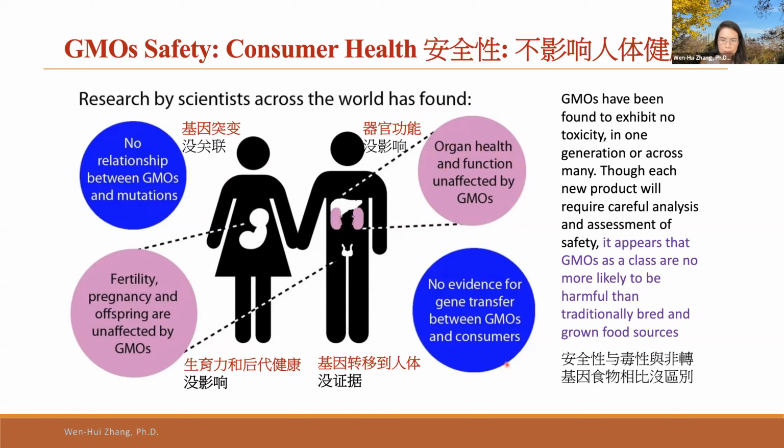And there is no evidence for gene transfer between GMOs and consumers. So in safety and toxicity, there is not much difference compared to conventional foods. It just appears that GMOs, as a class, are no more likely to be harmful than traditionally bred and grown food sources.